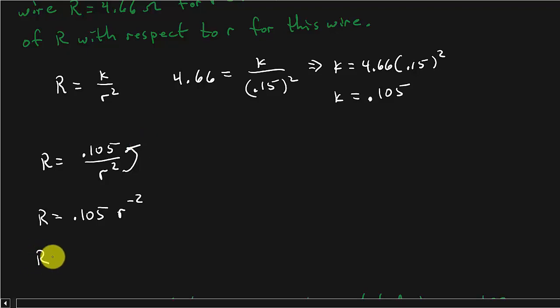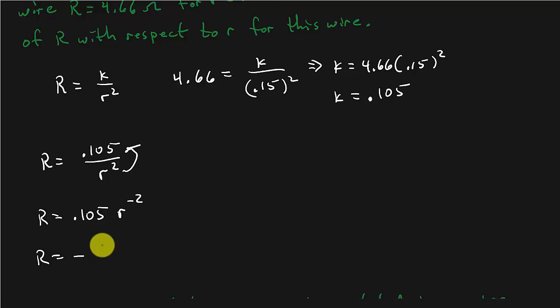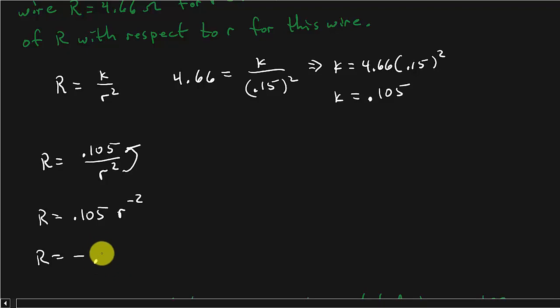And so I get R prime is equal to negative, and what in the world is that? Let me get my calculator. I could probably do it in my head, but I don't want to write something down wrong. Negative 0.21 times r to the what?